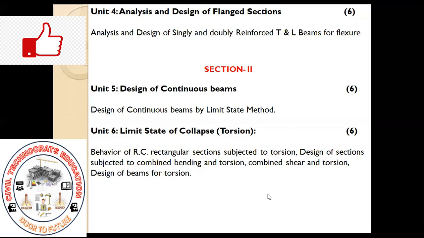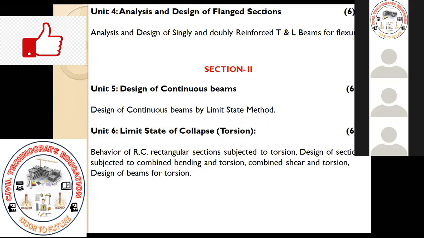So there are T and L actions. What is T action? What is L action? Why is it called a T beam, although the beam is rectangular? Why is it called an L beam, although the given beam is rectangular? Those details we are going to study in this unit number 4.